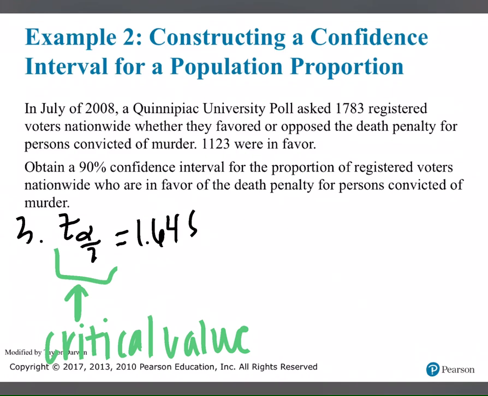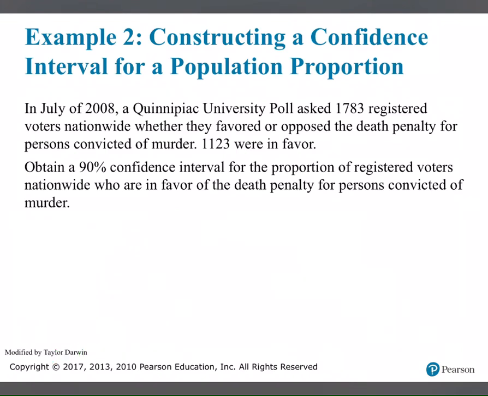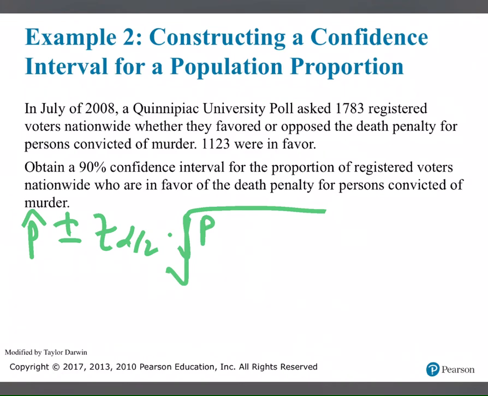Okay, so step 4 is actually creating the confidence interval. The confidence interval is p hat plus or minus z of alpha divided by 2 times the square root of p hat times 1 minus p hat divided by n.